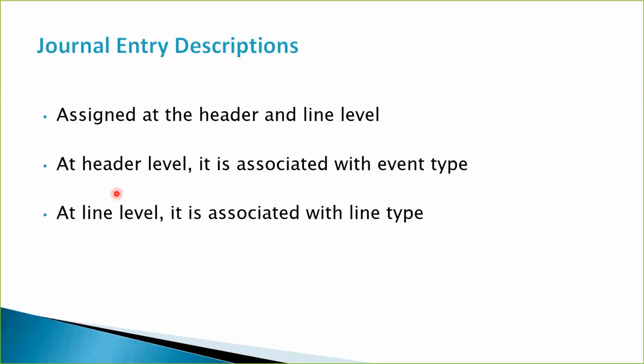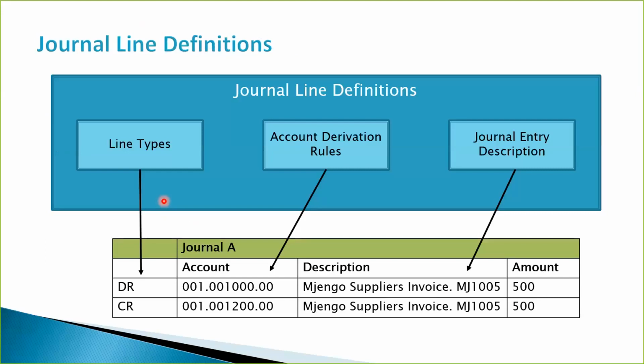We already said that one event type creates one journal entry. What does that mean?